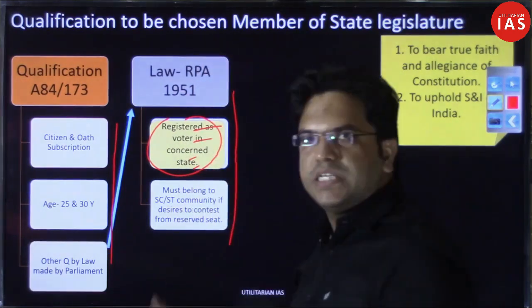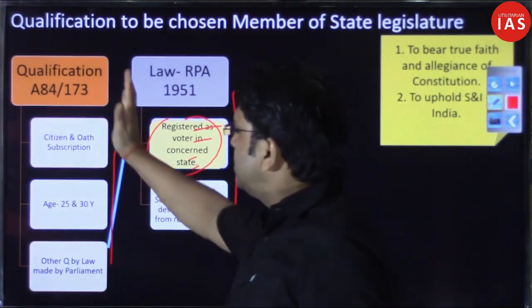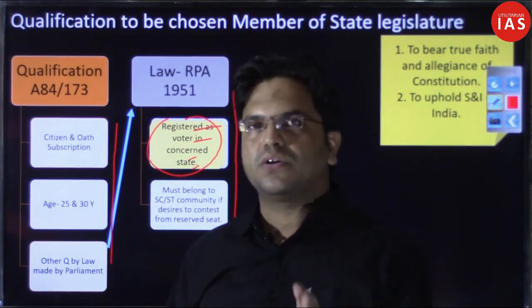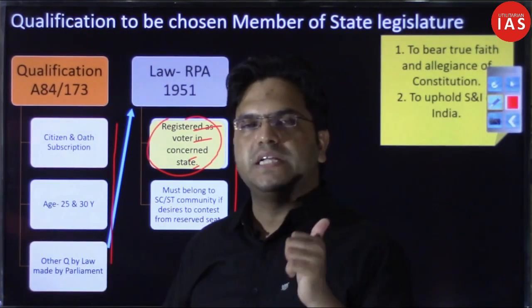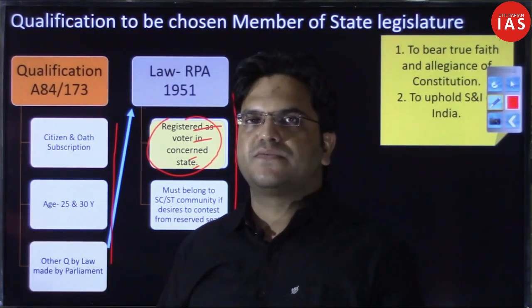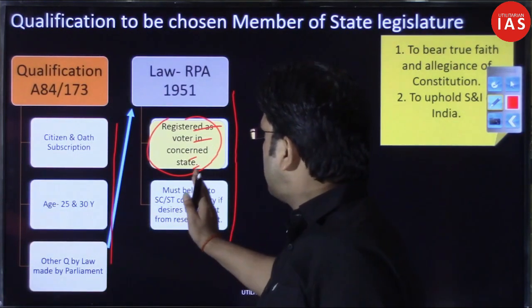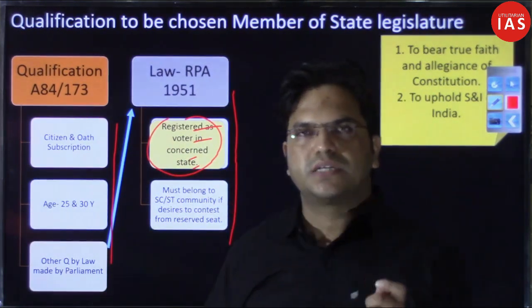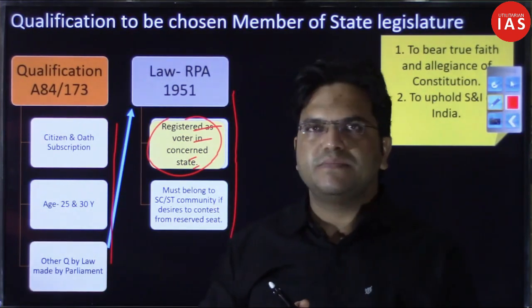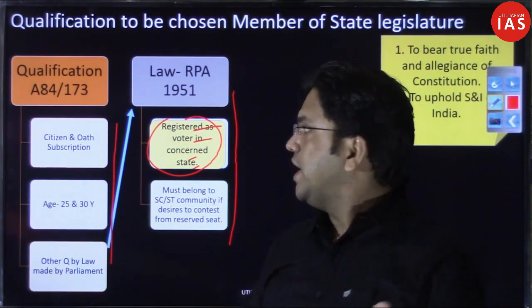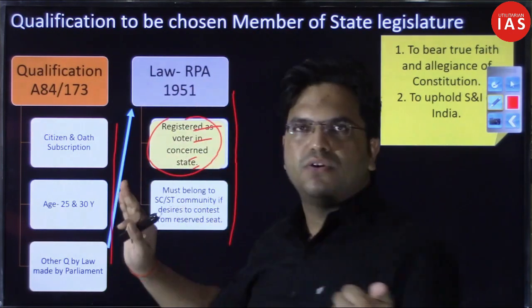I had raised this pointer in the Parliament chapter as well. If a question is framed, and there is an option that this person needs to be a registered voter in that particular state, has that been said in the Constitution? No, it has been said in the Representation of the People Act.